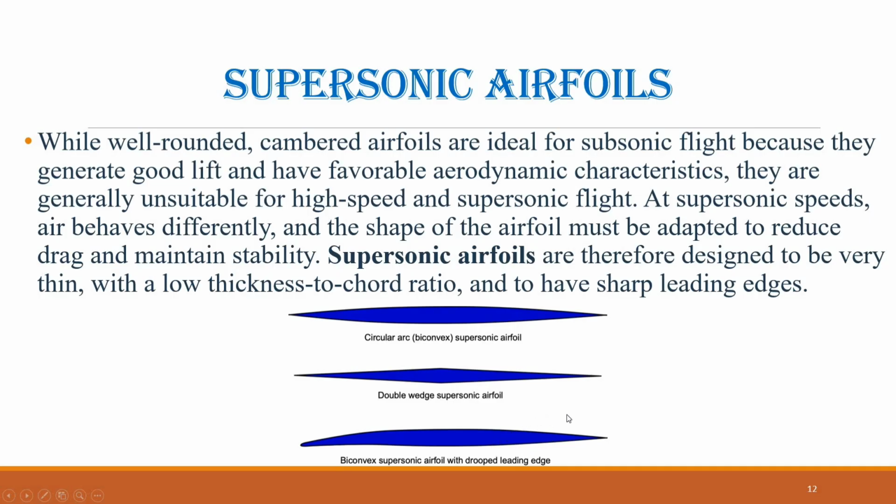The sharp leading edges of these designs are crucial because they prevent the formation of a detached bow shock in front of the airfoil, which is a major source of drag known as wave drag. By keeping the airfoil thin and sharply pointed, supersonic designs minimize wave drag and perform efficiently at high speeds.